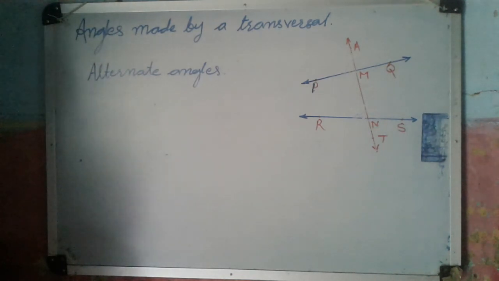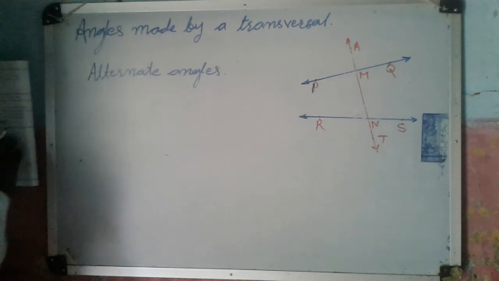So such angles we will find here. Now we find the pairs of alternate angles. There are two pairs of interior alternate angles and two pairs of exterior alternate angles. First, we will find the interior alternate angles.